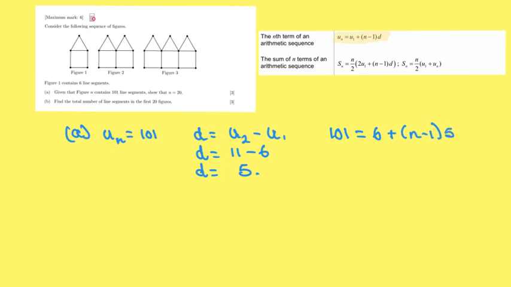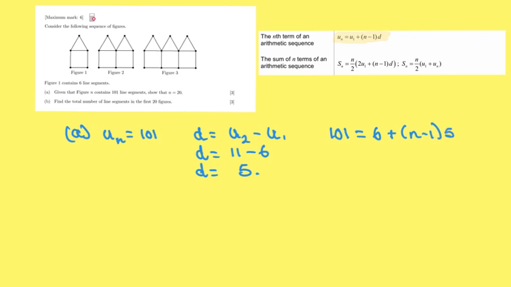So d is equal to u2 minus u1. So d is equal to 11 minus 6. So d is equal to 5. Now that we've found d, we can use this formula to find n. So therefore, 101 is equal to the first term, 6, plus n minus 1 times d, which is 5.